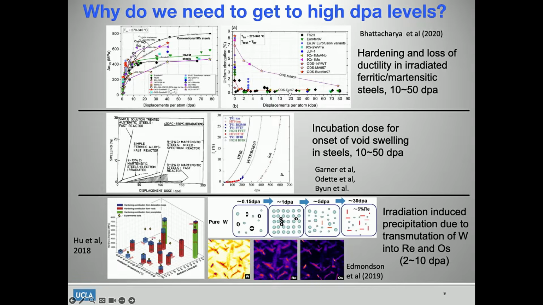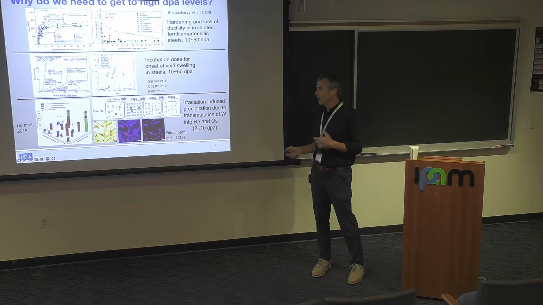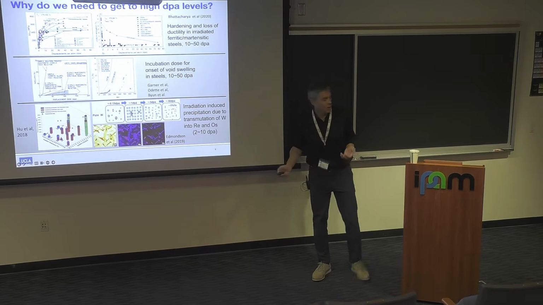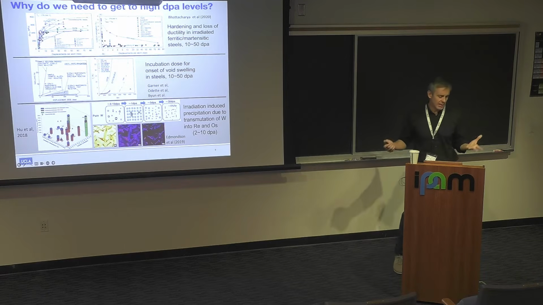In the United States, we have thermal neutron reactors, testing reactors. We have one in Idaho, one in Oak Ridge. But the time that it takes to accumulate dPa is really, really slow, and the spectral effects really have an impact on how materials evolve. So they're not ideal.